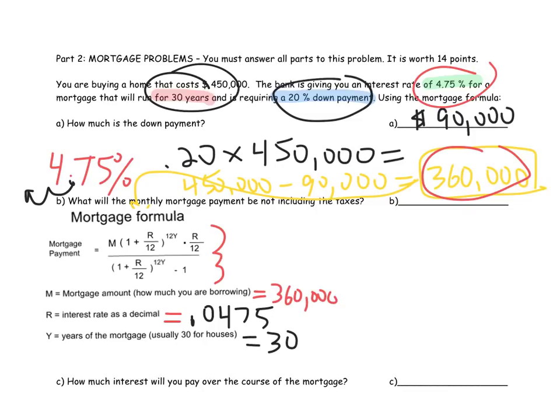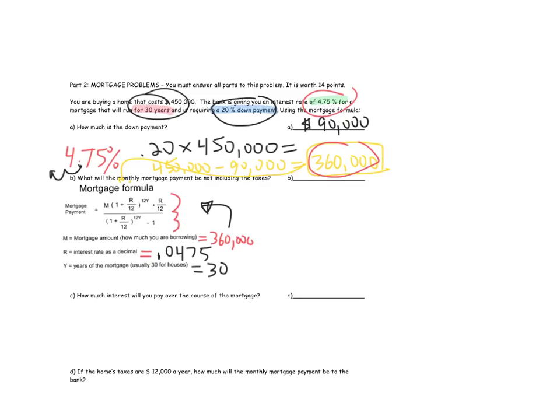So we're going to take those three values, substitute them into the mortgage formula, and then have our calculator determine the monthly payments. So here we have M, 360,000, times 1 plus R over 12. 1 plus 0.0475 over 12, because you make monthly payments, so that's where the 12 comes from.